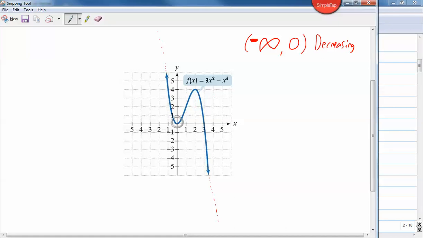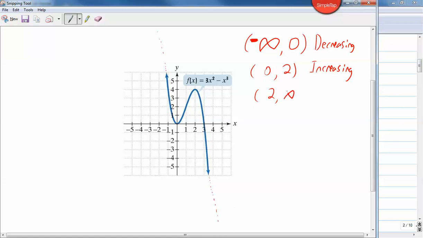And then from x equals 0 until I get to x equals 2, I'm increasing. And then from x equals 2, I'll start going down, down, down, down forever in the positive direction.